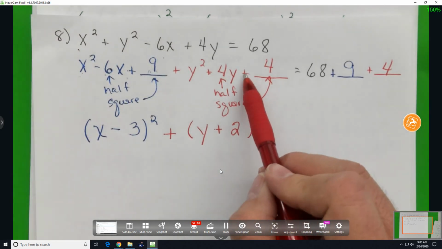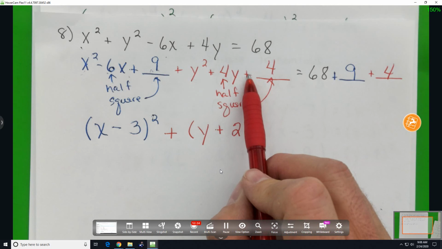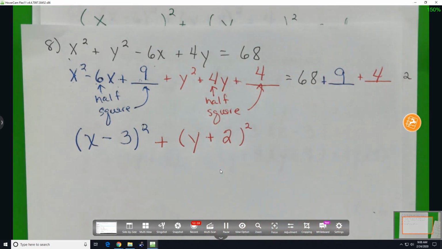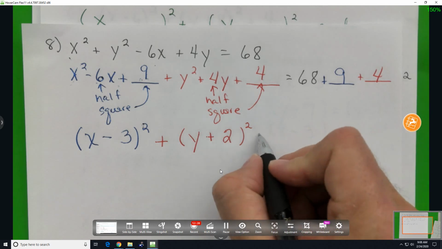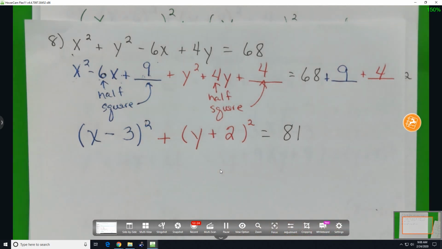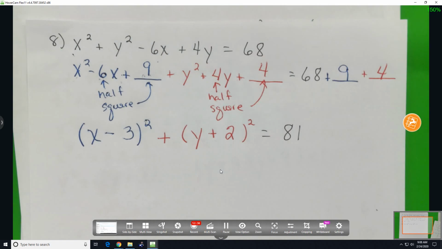So this has got to be a plus. If this isn't a plus here, it's not going to be a perfect square trinomial. Equals, what number do we have on the right? 81.